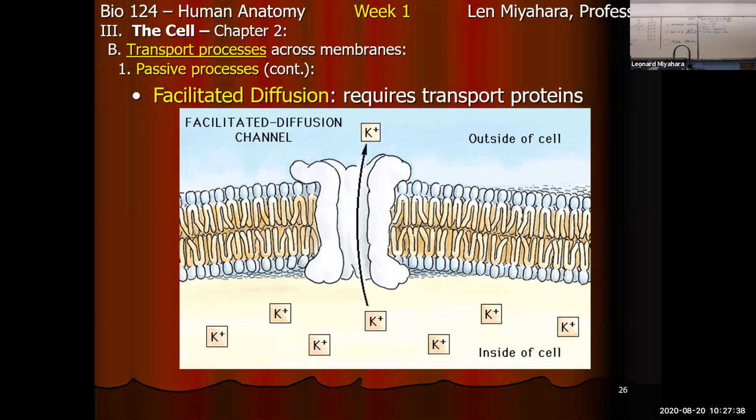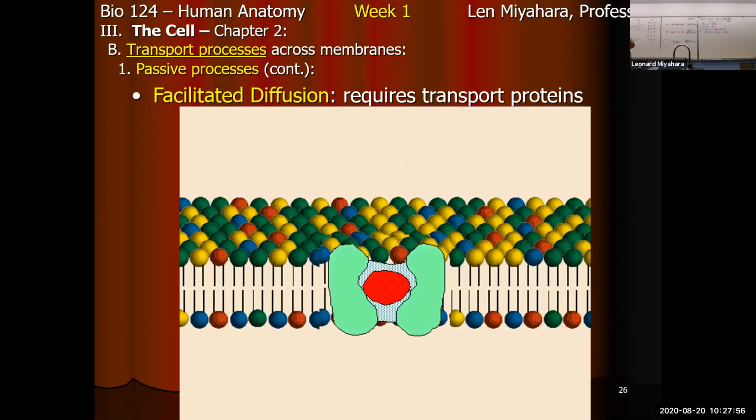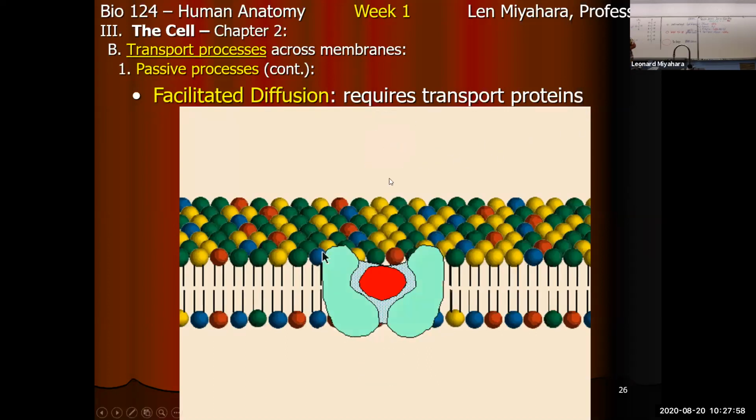And this is what you're looking at. Potassium ion, even though it's potassium, it's with a K, that also has something to do with its Latin name. And you can see it going through a protein channel here. This is going in the opposite direction, from top down, but with these little red balls, there's more red balls up on top and less on the bottom. It's still going from high to low, but it's got to go through a protein channel.